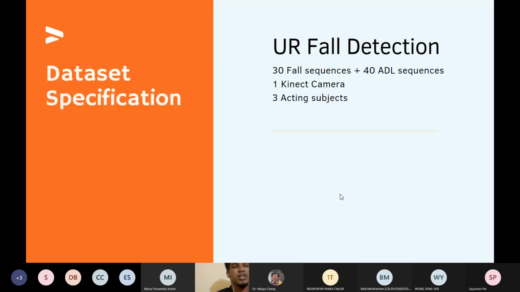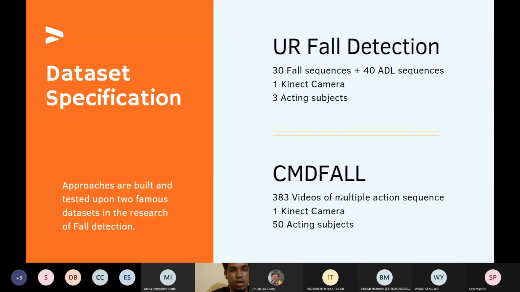We actually worked on two different datasets, both open source. The first dataset was the URFall detection dataset. It has a total of 70 videos, of which 30 are fall sequences and 40 are different sequences, like tying a shoelace, sitting down in a chair, or sleeping in a bed.